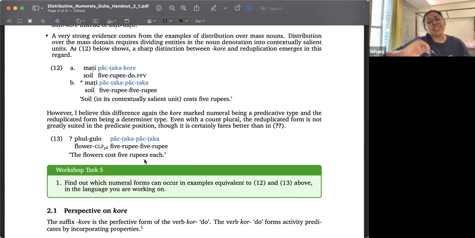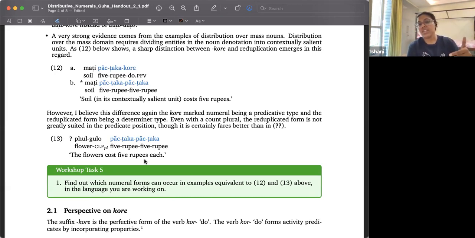I think this also goes back to the difference between the two kinds of strategies that we are using inside the numeral. Whether this reduplicated numeral is good as a predicate? Well, probably not. That is why it is bad in the predicate positions.